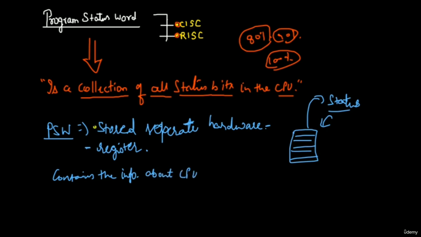It is stored in a separate hardware register. It contains the information about the CPU, like your CPU is used 50%, 80%, 20%, 90%, whichever percentage we have gone through.